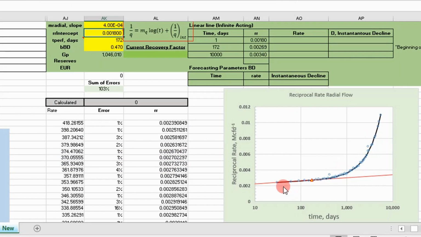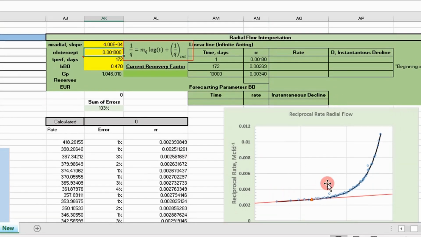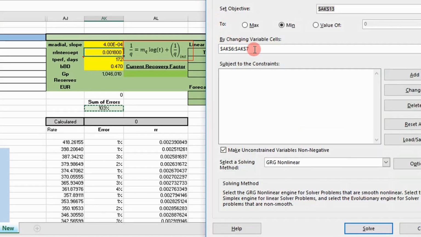But because our data looks pretty clean, I'm going to go ahead and regress off of all the parameters once, since I have a good fit right here, decent fit right here. Let's try to even minimize our errors a little bit more. This data is pretty clean. That's why I'm doing that. So I'm going to minimize my sum of errors by changing all these parameters: our slope, intercept, B boundary dominated, and our triangle there.